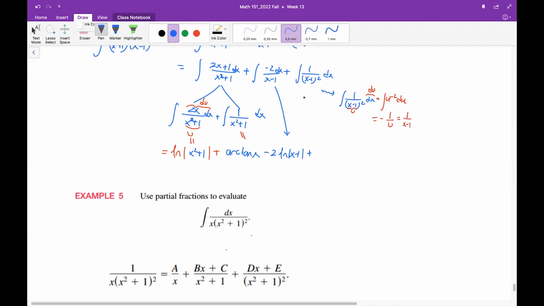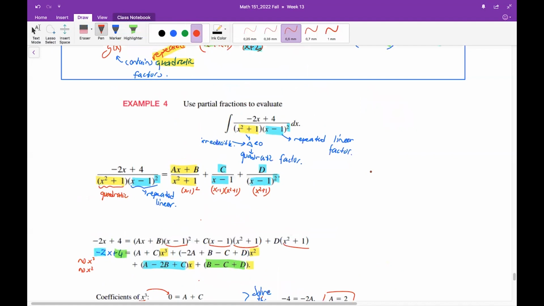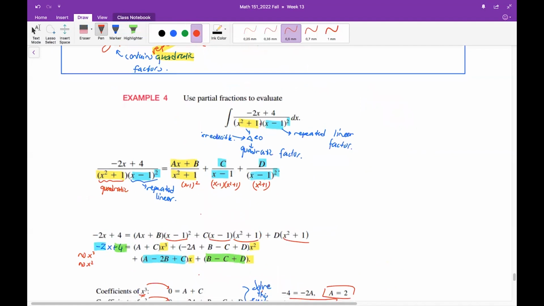That's why this last integral is -1 over x minus 1. And then you add your arbitrary constant c, of course, because you are dealing with an indefinite integral.